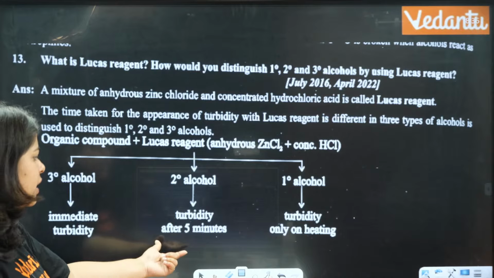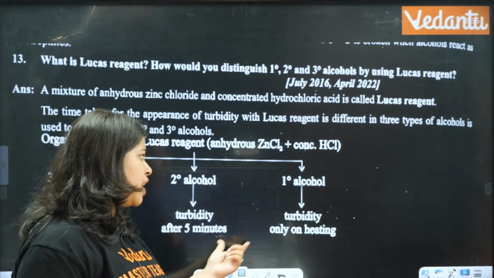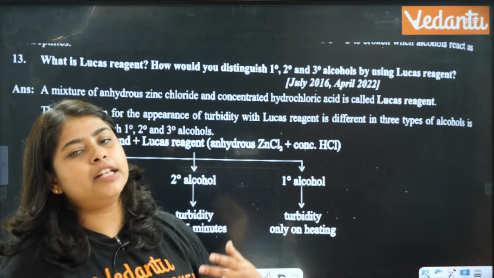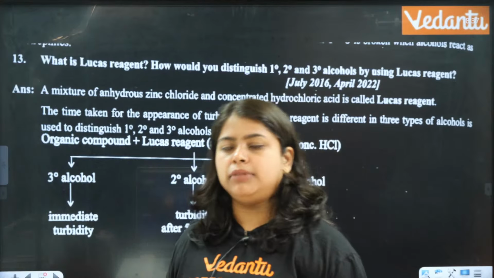If it is a secondary alcohol, turbidity will be formed after 5 minutes. If it is a primary alcohol, turbidity will form only by heating. If you are not heating, no problem, after some time it will show.